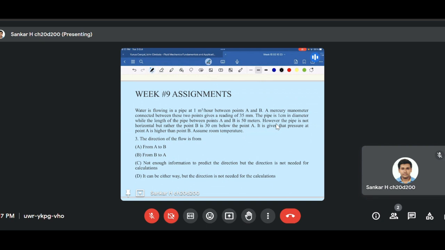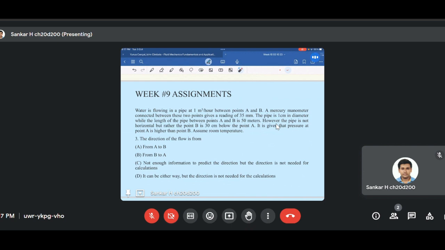Let's move on to question number 3, where it is given that water is flowing in a pipe at 1 meter cube per hour between points A and B. A mercury manometer connected between these 2 points gives a reading of 35 millimeters, and the pipe is 1 centimeter in diameter, while the length of the pipe between the points is 50 meters.